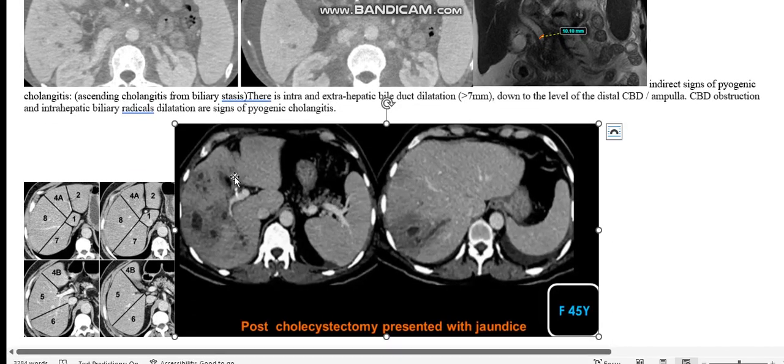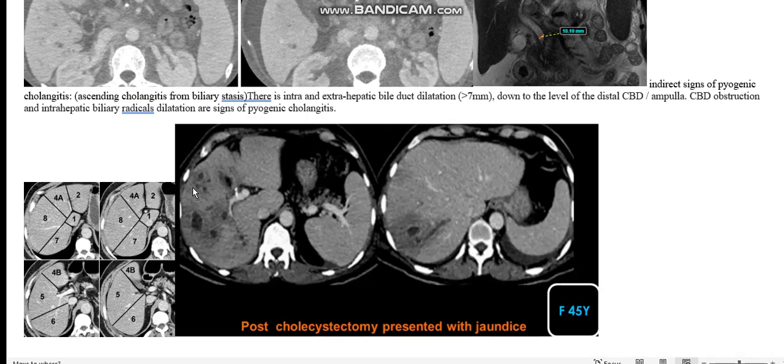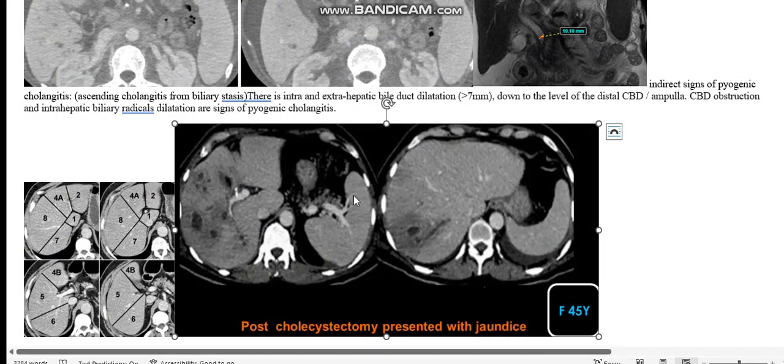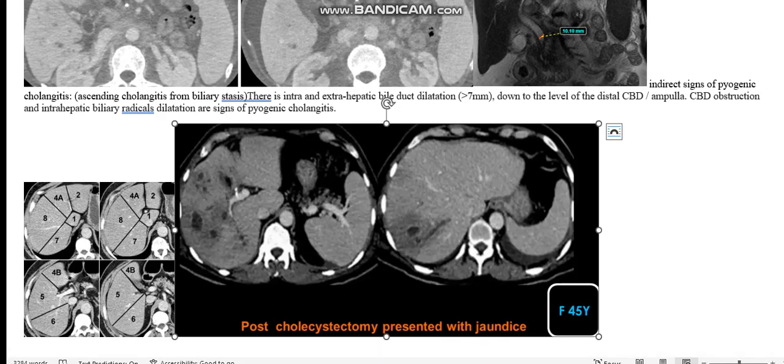Another example of hepatic abscess. Look here at these abscesses. They tend to involve the peripheral part of the liver and not the central part as the previous lesion.